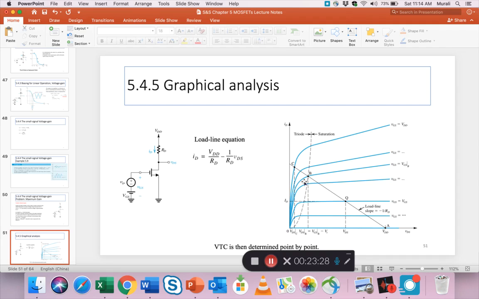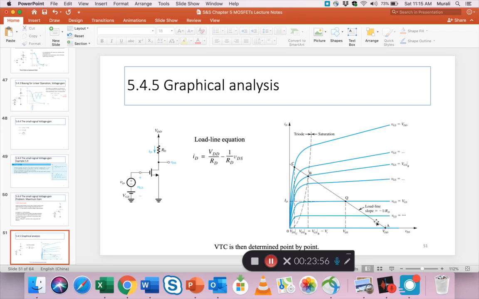Then all you need to know is your load line, which I've talked about enough in the past. If you have a known VDD and a known RD, you can create the load line as a straight line, using the y equals mx plus c approach. And then you put the load line on the manufacturer's graphs, and each point you can pick up from here, and you can transfer that to the VTC.